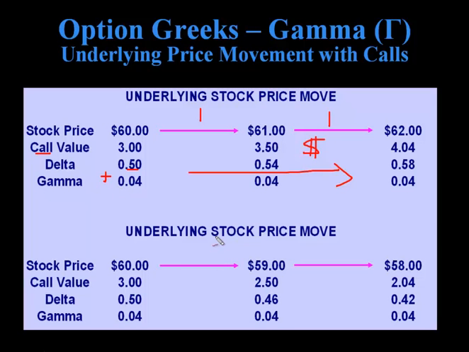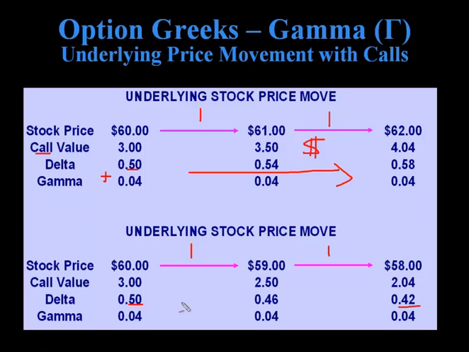Now, by the same token, as the stock moves down in price $1 and then down in price another dollar, notice your delta starts out at 50 cents, winds up at 42. So your delta is going down with positive gamma, because you subtract gamma from delta going down to 46. You subtract it as it goes down to 42.